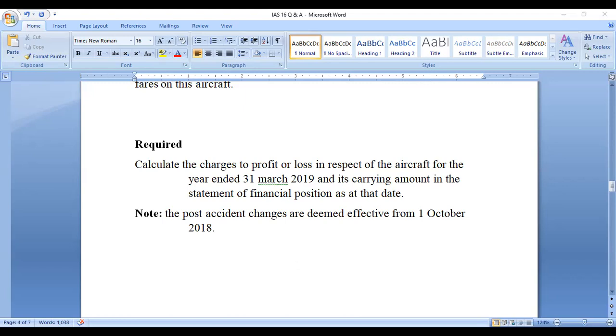So we have statements of profit or loss, extract, because it's not the full statement, for the year ended 31st March 2019.